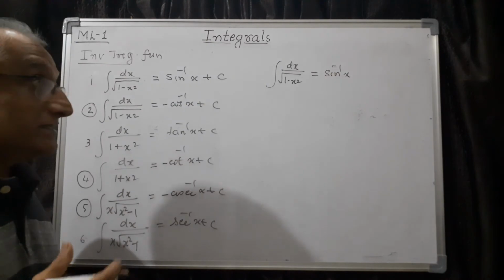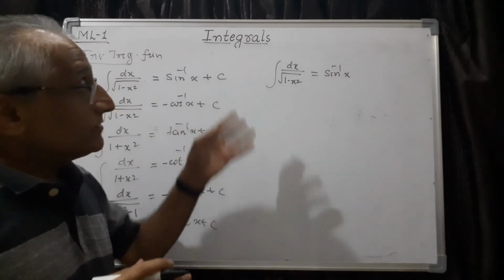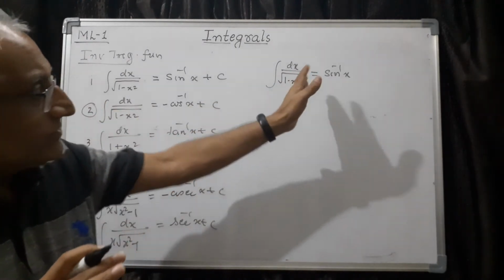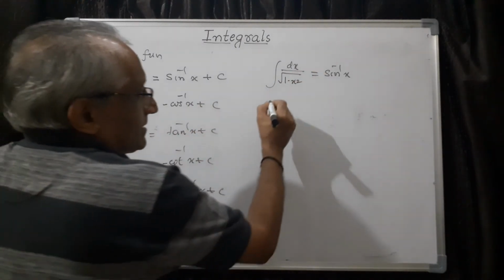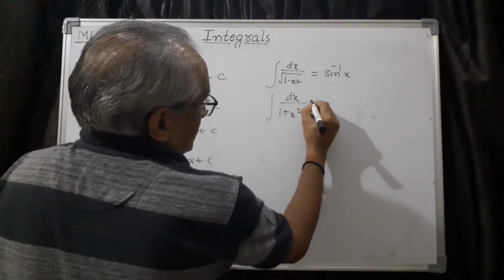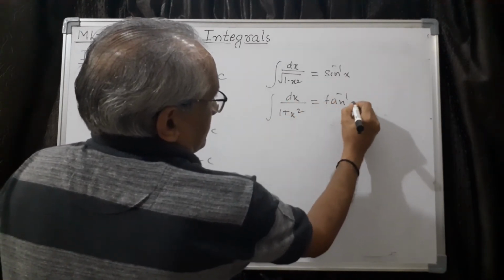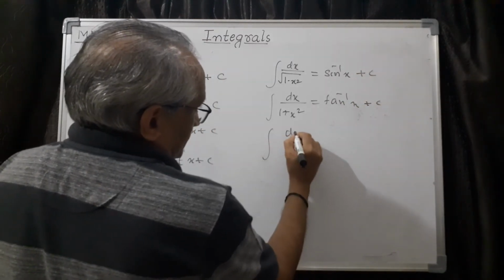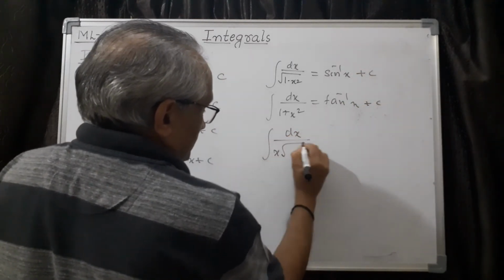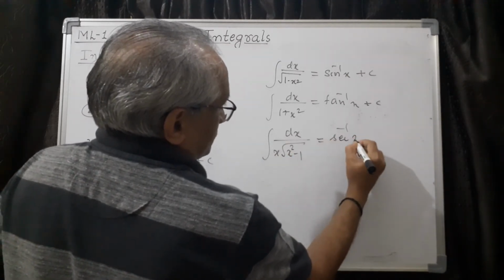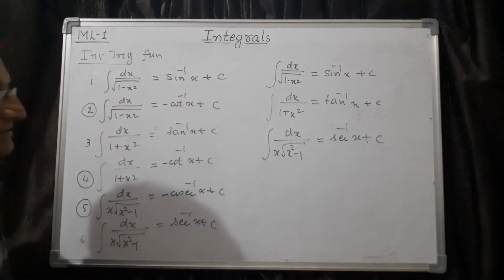Of course, in competitive examinations, sometimes they purposely give the formula in another form. Therefore, it is better to remember and understand, but whenever you are using it, you can remember this. Similarly, dx by 1 plus x square, you can remember tan inverse x, and of course you have to add plus c. And the integration of dx by x into square root of x square minus 1 is sufficiently remembered as secant inverse x plus c.